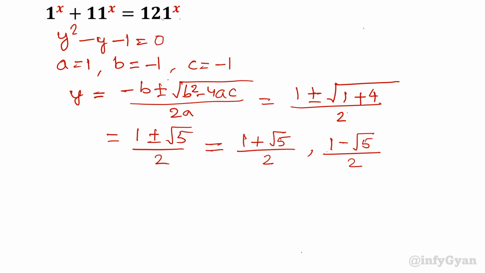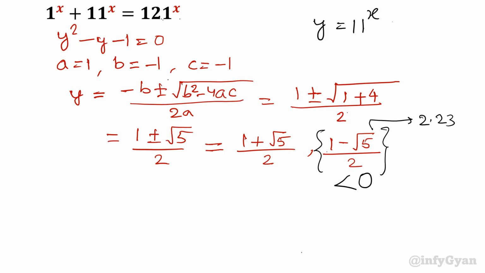Now if you observe, root 5 is 2.23606. So if I take away 2.23606 from 1, that value will be negative. But y was 11 power x, which is always positive.